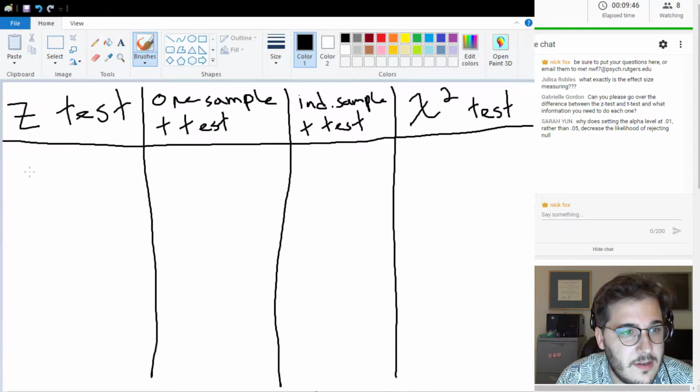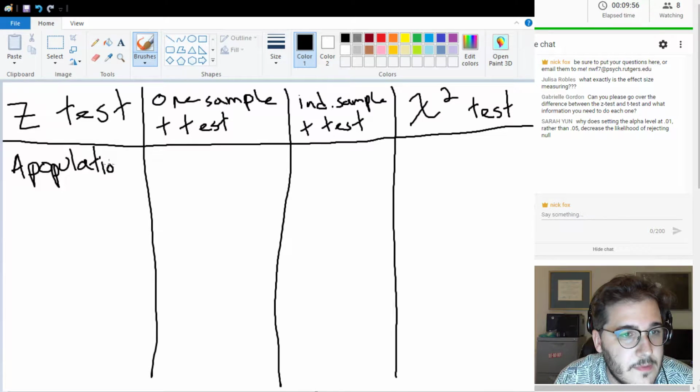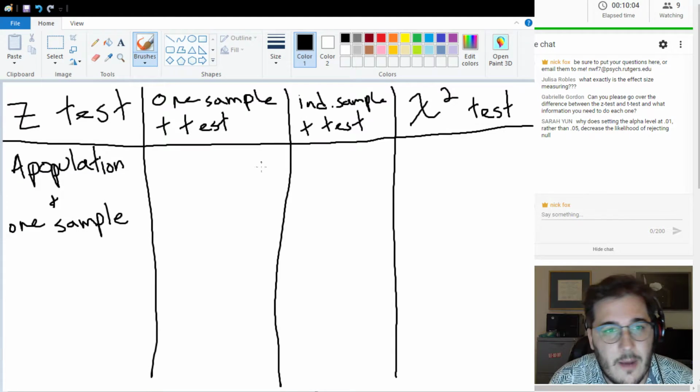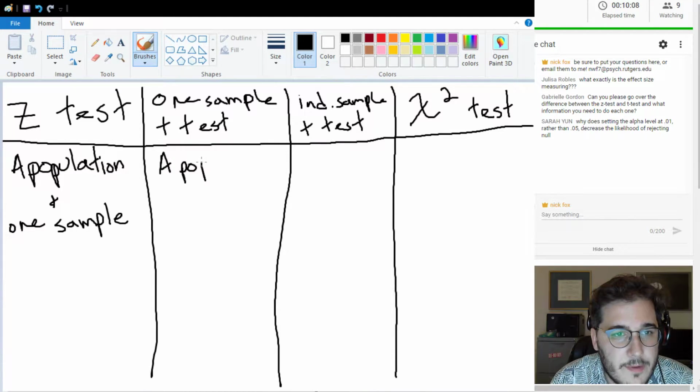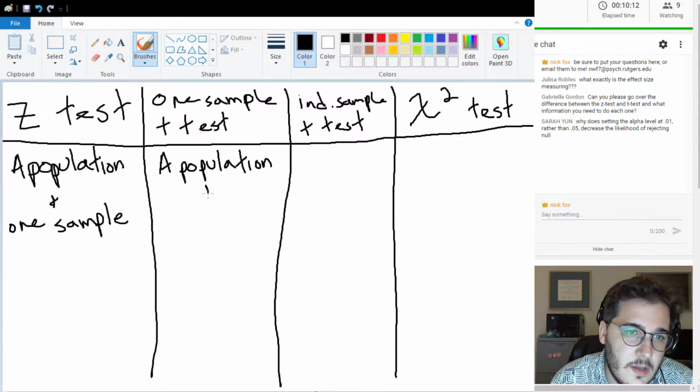So for the z-test, you have a population and one sample. For the one sample t-test, you also have a population and one sample.